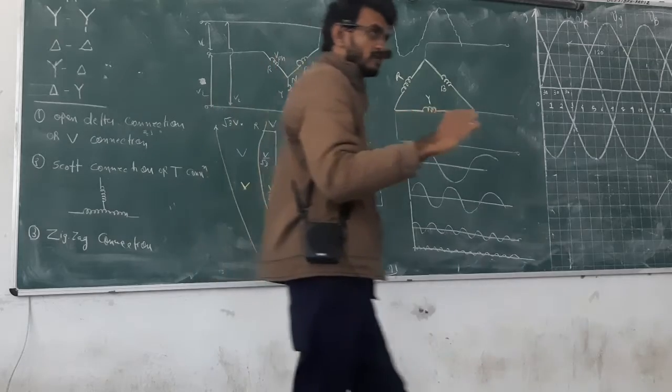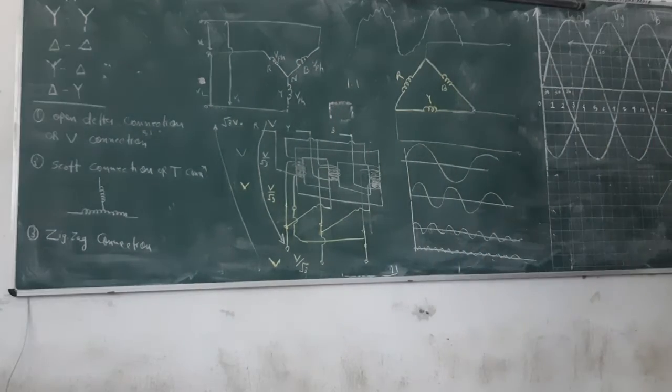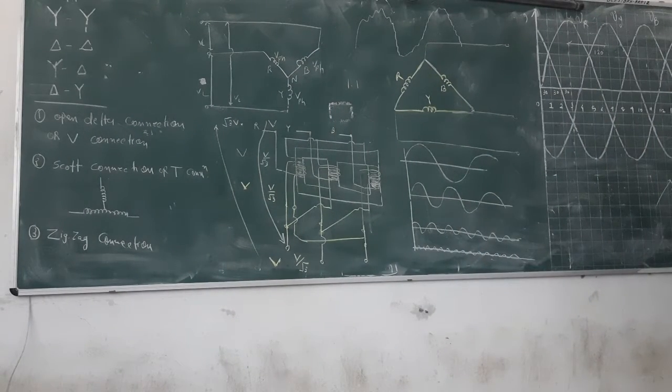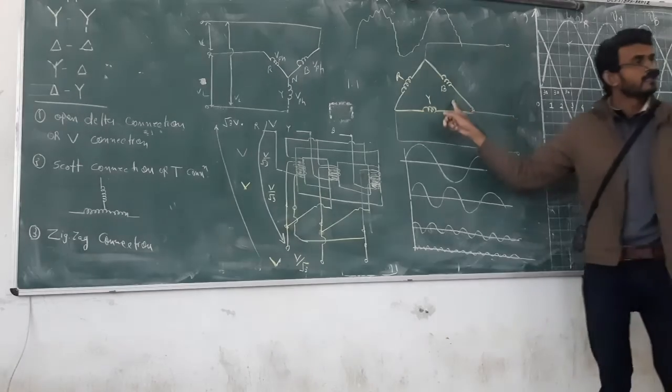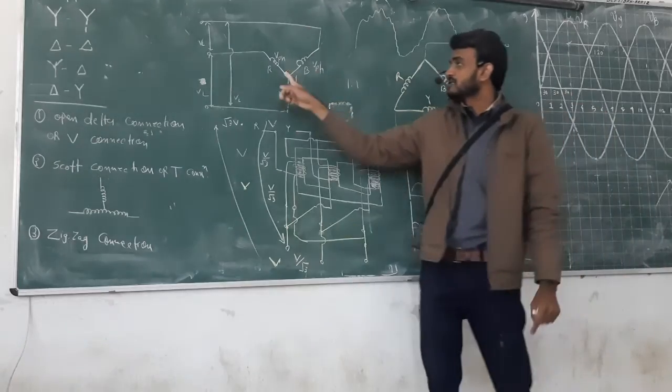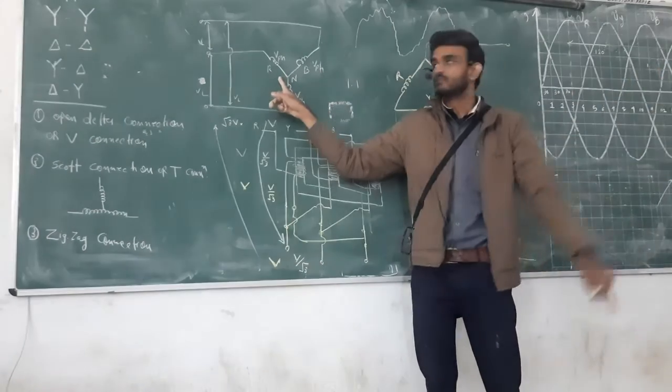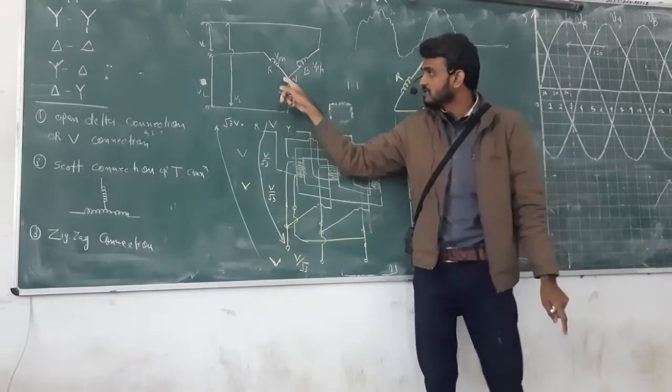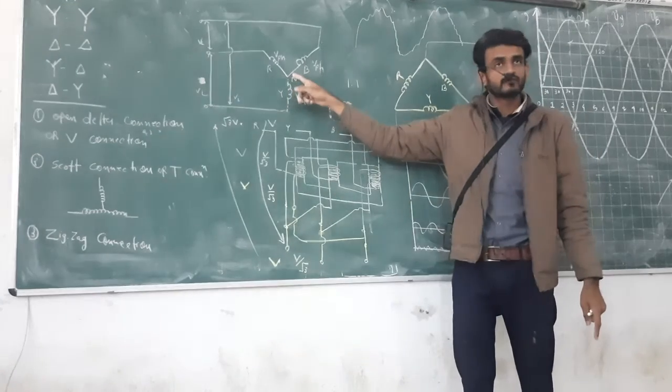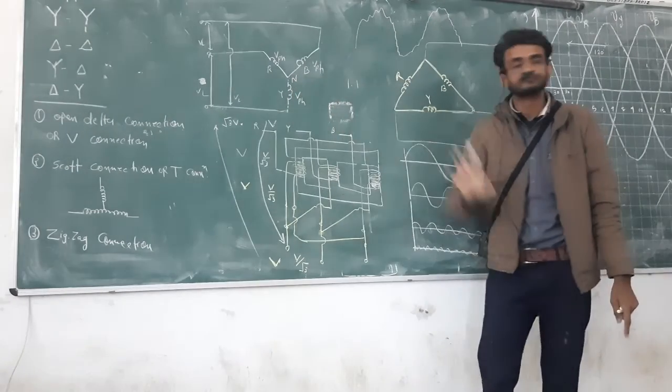Neutral should be 0, but now if third harmonic is there, then neutral has some extra voltage, and it is under stress, under voltage stress condition. So if delta winding is there and third harmonic is there, then current will circulate inside the winding. If star winding is there, then the voltage of that third harmonic will appear here, and if you connect some load here, then that third harmonic current will flow here.